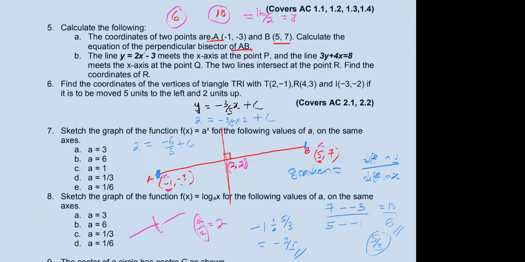Then you add 2 and 6/5 together. So 2 plus 1.2 is 16/5. c equals 16/5. So the answer is y equals -3/5 x plus 16/5. Got it.